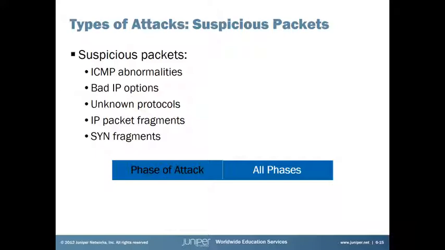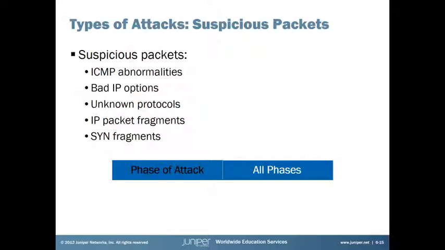How do we know if these things are happening? This is what screen options do. They evaluate the traffic to say, okay, let's look at this traffic. Does it match certain criteria? Is there something odd about it? And we can look at certain things. Bad IP options. So we look in the IP options field and we see what's all that stuff doing in the IP options field. That doesn't need to be there. I'm probably being hacked, is the conclusion. Unknown protocol, so bogus protocol numbers.